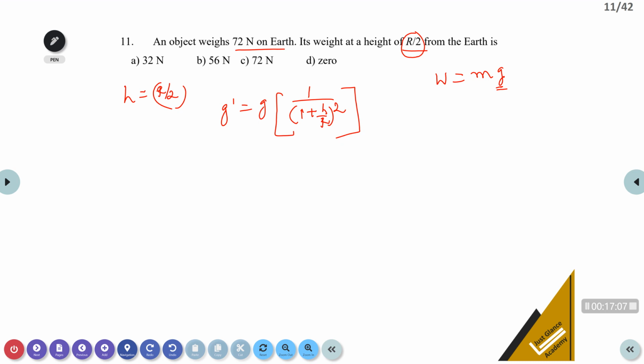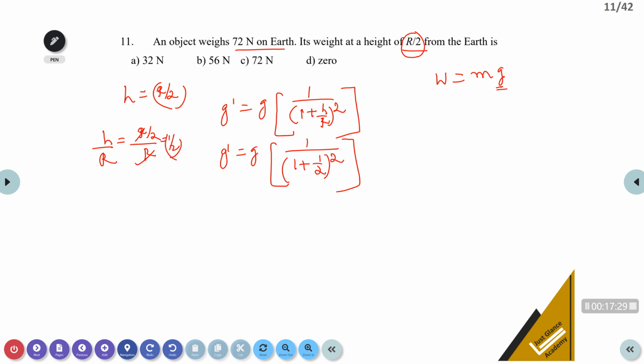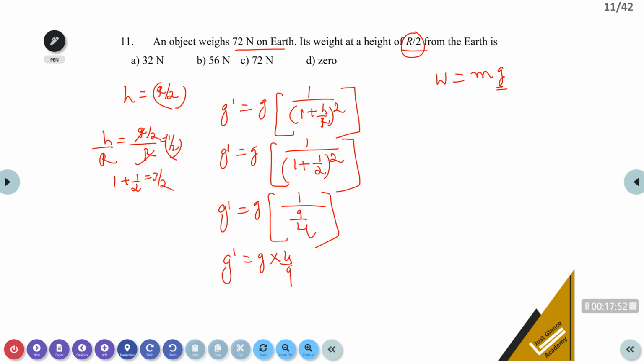Here r gets cancelled. g dash equal to g into 1 divided by the bracket 1 plus 1 by 2, whole square, because h by r is R by 2 divided by r, which gives 1 by 2. Simplify it: 1 plus 1 by 2 equals 3 by 2, so 3 by 2 square means 9 by 4. So g dash equals g into 4 by 9.